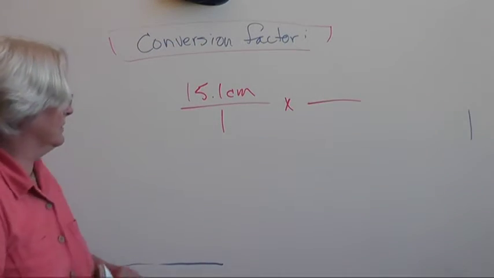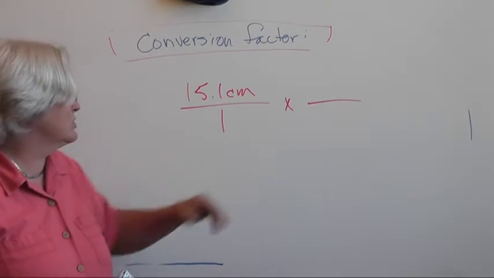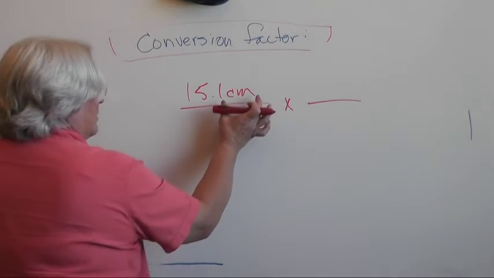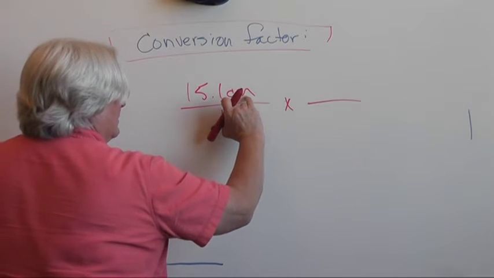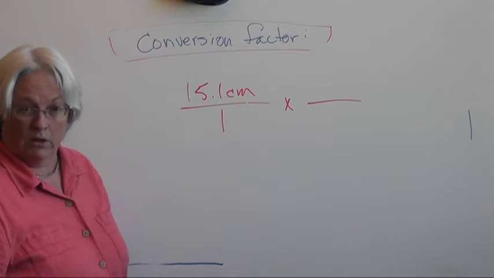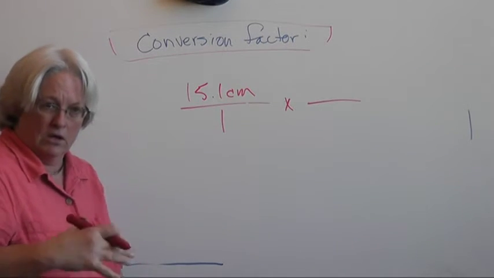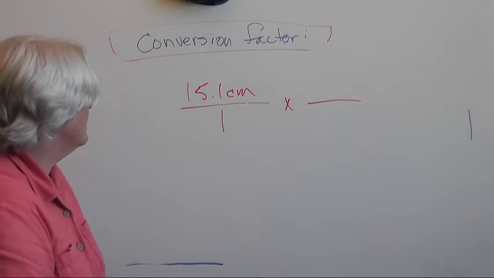A lot of times in chemistry conversions, they might still use an X, but it's just multiplication. We wanted the relationship between the unit that you started with and the unit that it was going to. Starting from centimeters, we wanted to go to meters.